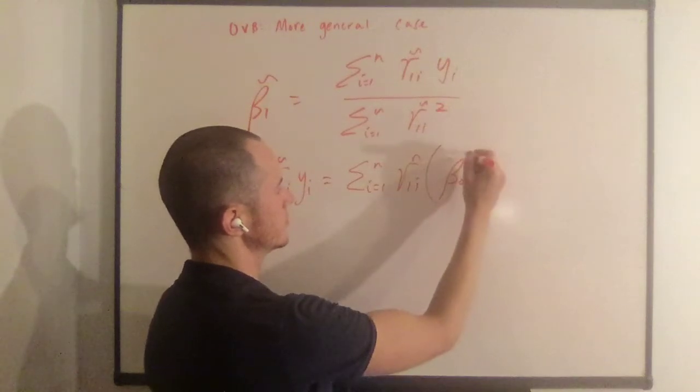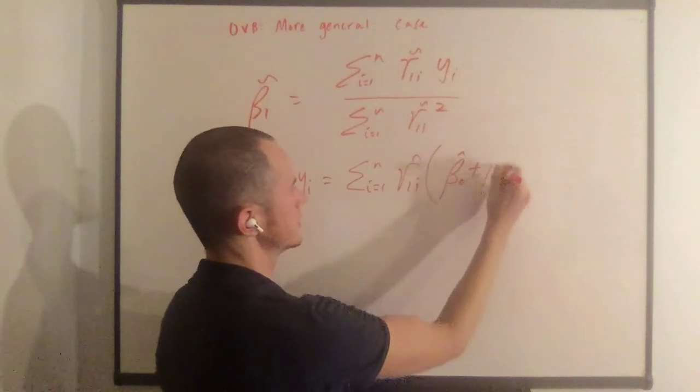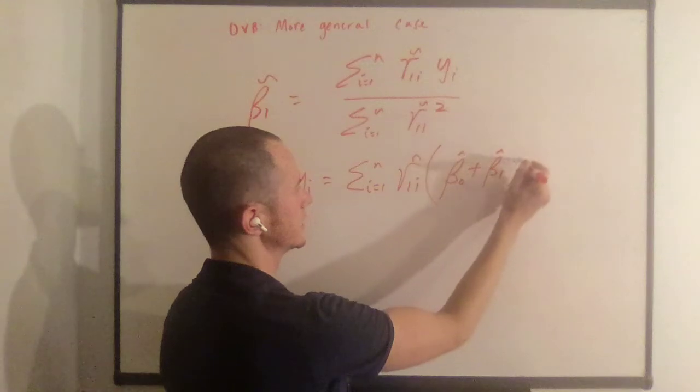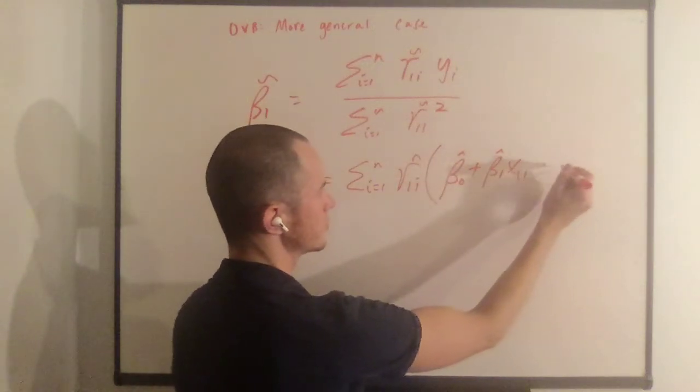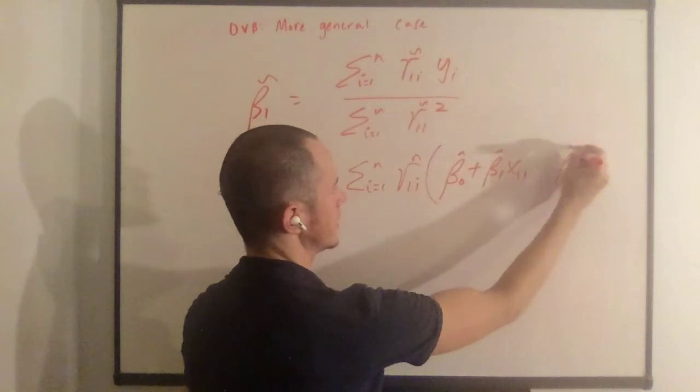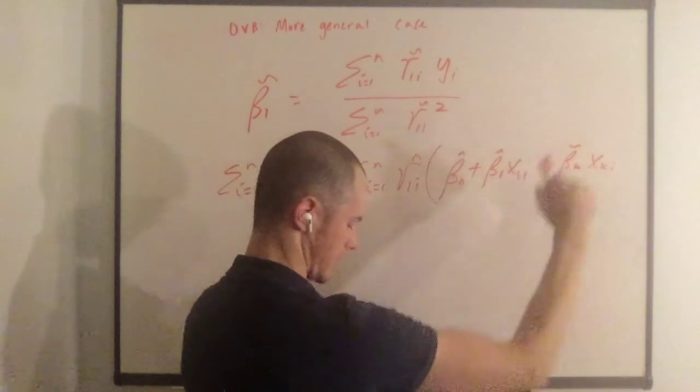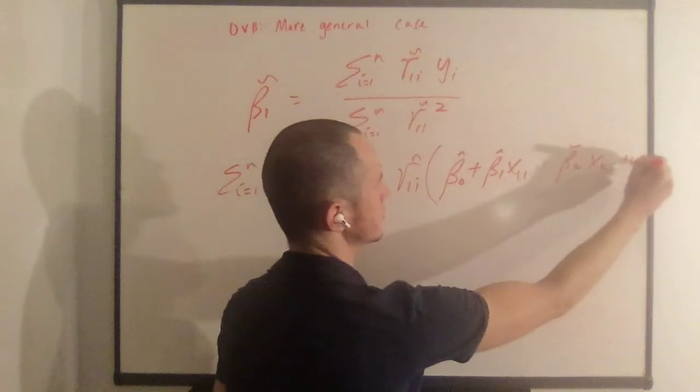That's beta 0 hat plus beta 1 hat x1i all the way through beta k hat xki plus ui hat.